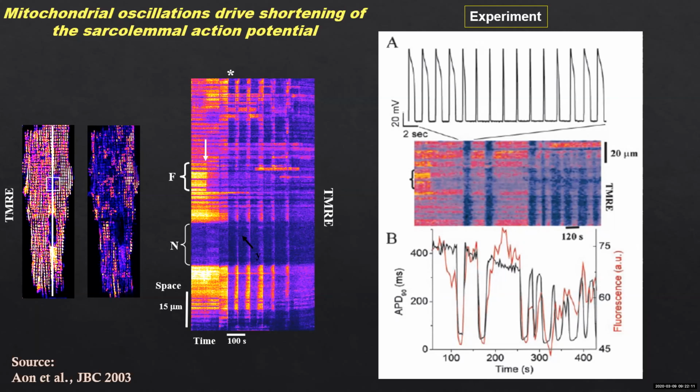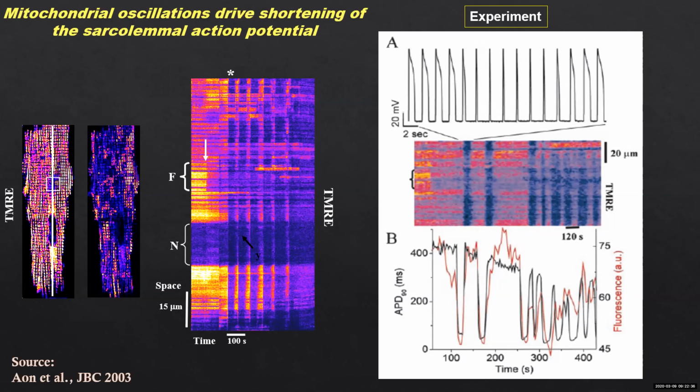These blue bands going from one end of the cell to the opposite correspond to mitochondria that are synchronously depolarized, that is, with low membrane potential. The yellow bands in between correspond to brief times of repolarization, when mitochondria regain high membrane potential.